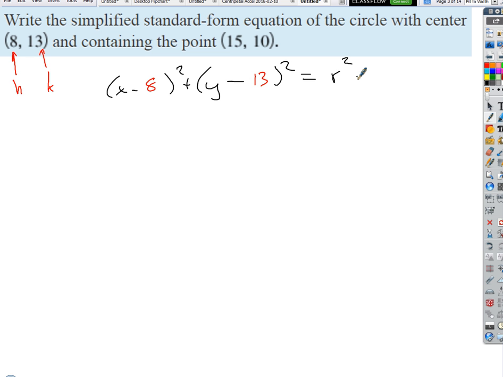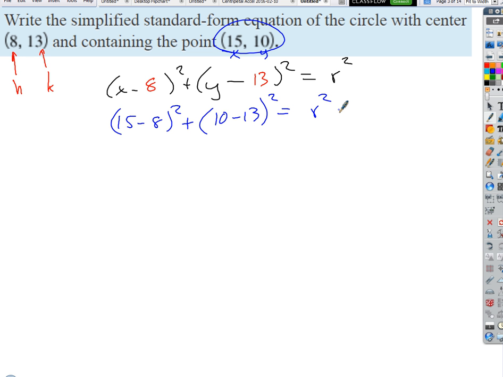Good. So they give us something else here. They give us a solution. They're telling us these are the coordinates of one of the infinite number of points on this circle, but that's one that works. So that's a value of x and y that I could plug in, right? If I plug those in, I'm going to get 15 minus 8 squared plus 10 minus 13 squared equals r squared.